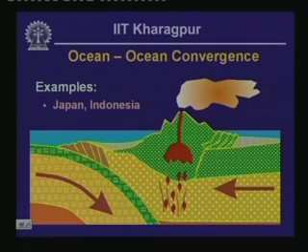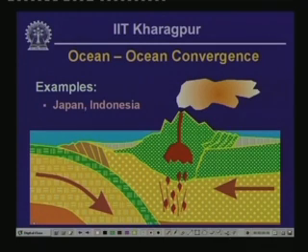I forgot to mention that in this particular ocean to ocean convergence cross-sectional detail, as well as in the previous slide where we were considering ocean to continent convergence, the symbols that I am using include the following. There is a unit which is cross-hatched with white patterns on a green background.